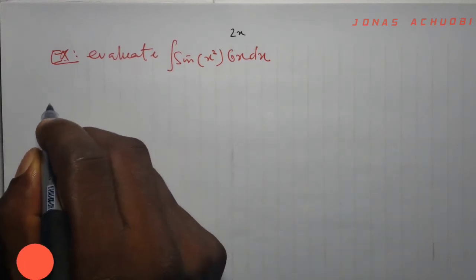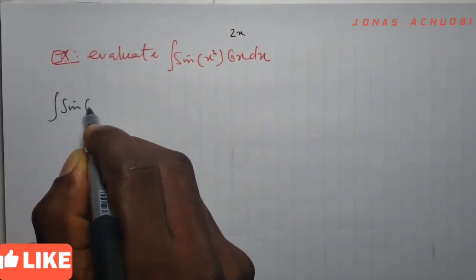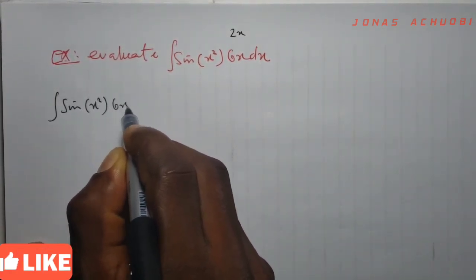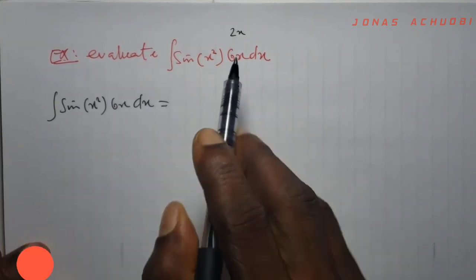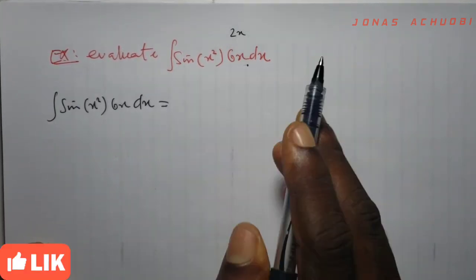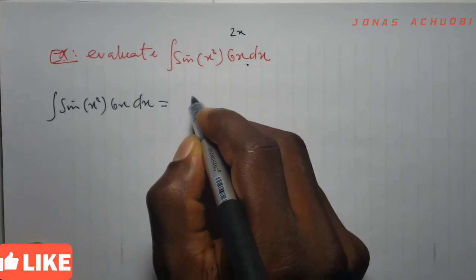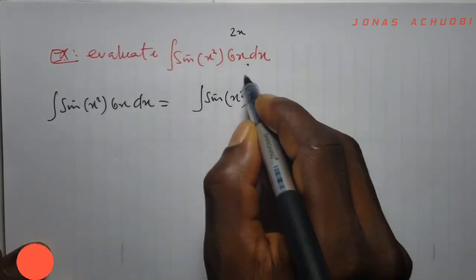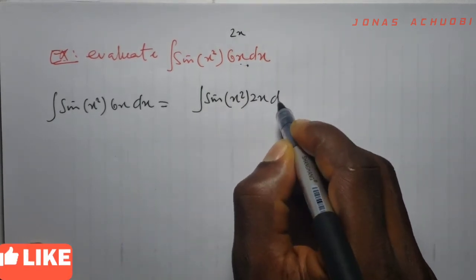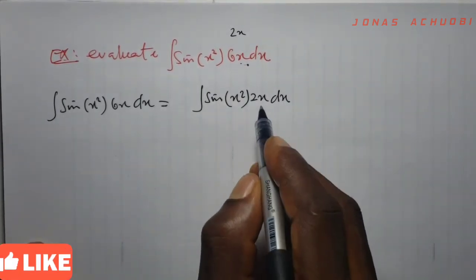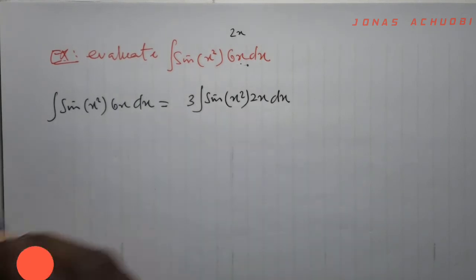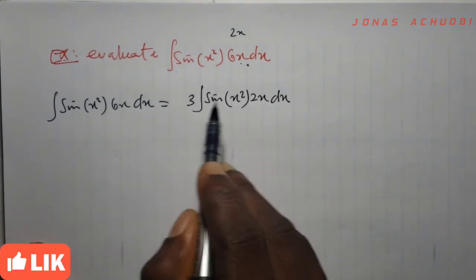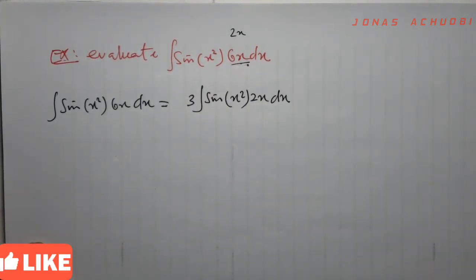We can write this integral of sine x squared 6x dx as follows. What we need here is 2x, not 6x. So I can write this integral as the integral of sine x squared 2x dx, as long as I write 3 outside, since 3 times 2x is 6x.